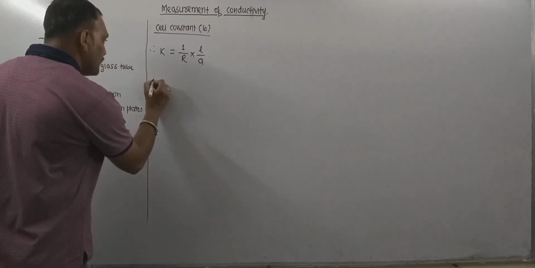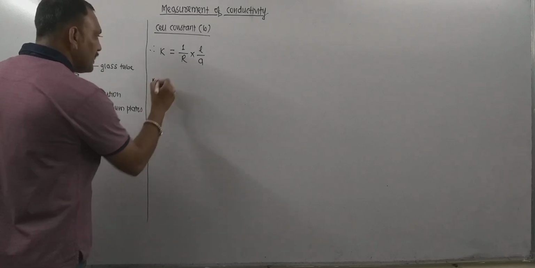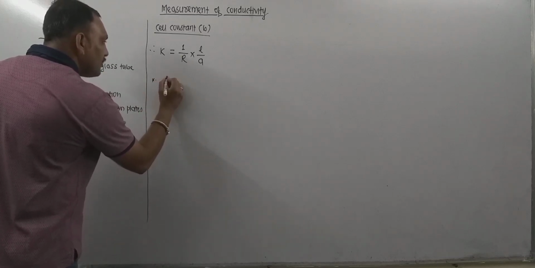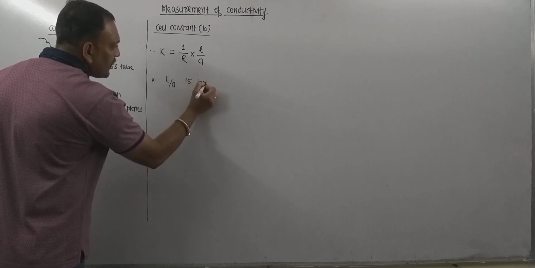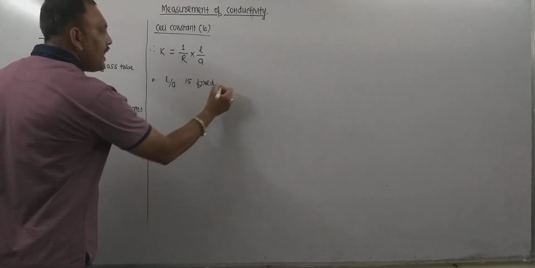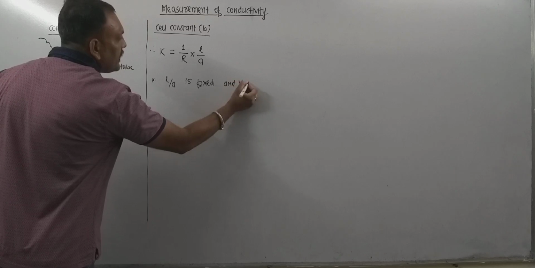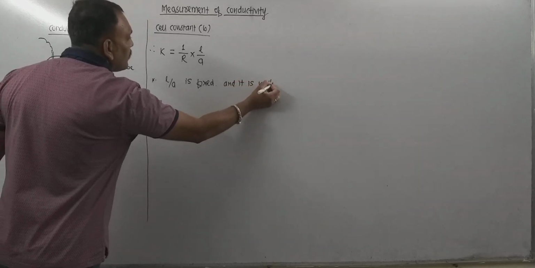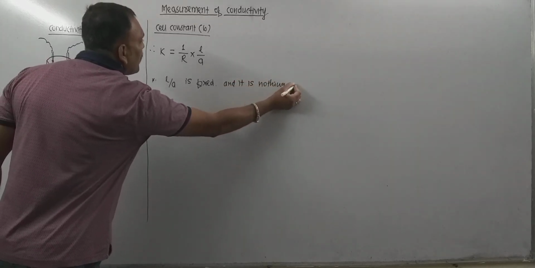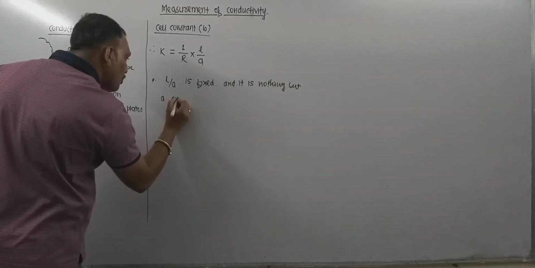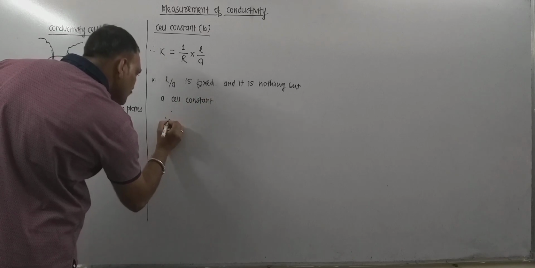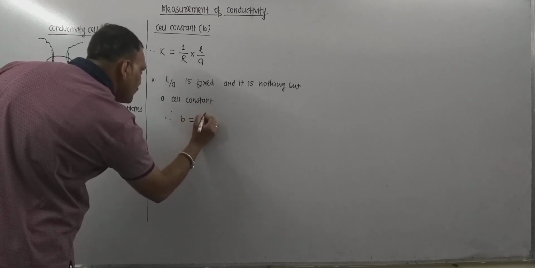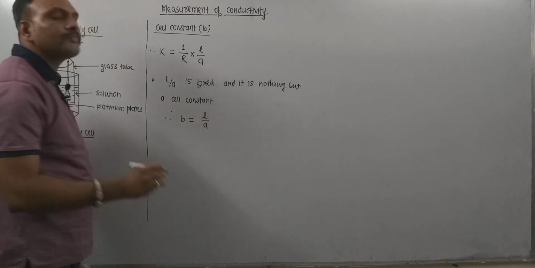Now a very important thing: for a given cell the ratio L by A is fixed, and it is nothing but the cell constant. Thus cell constant B is given as L upon A.